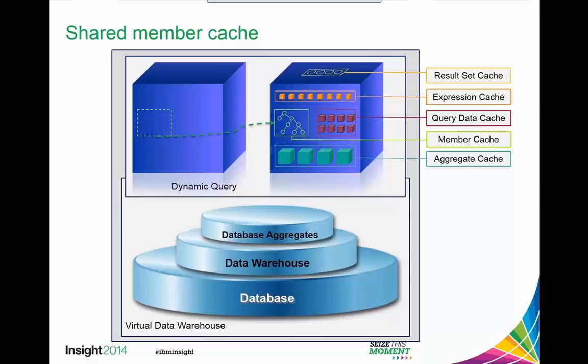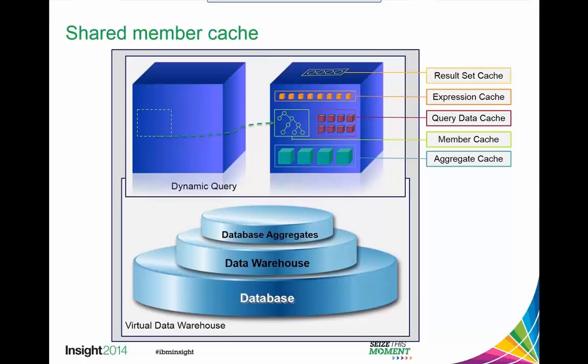So creating that shared member cache improves performance because it reduces the amount of memory needed for the cubes after they're started and published. Although this picture kind of shows that you have to share all your dimensions, that's not true. You can share just a subset of your dimensions. This picture is just the best case scenario where you're sharing all your dimensions, but really you can share 1 to a few of your dimensions in your cubes, and it especially helps with your very large common ones like product or time.